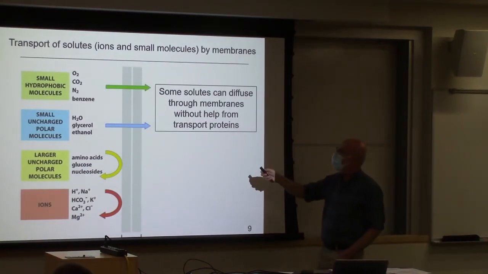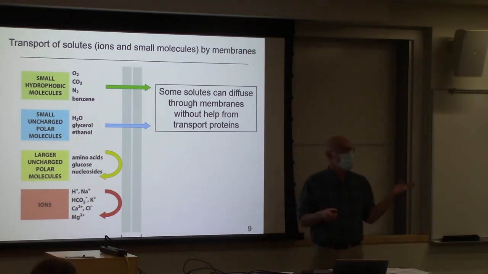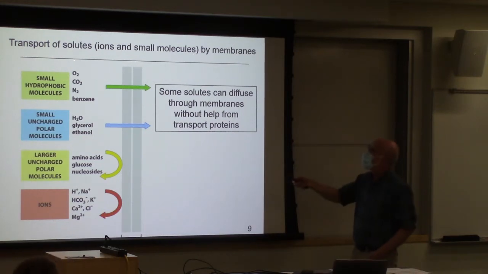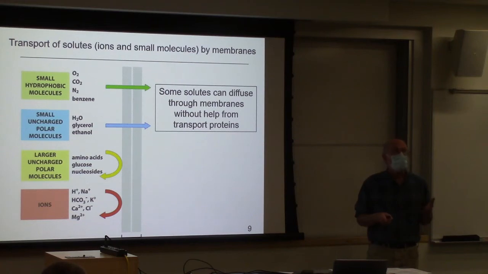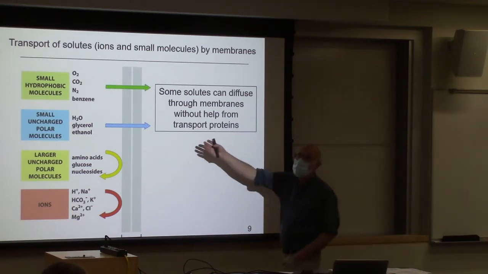Okay, so some of the molecules that we're interested in this course, oxygen and CO2 in particular, especially in the respiratory system. Oxygen and carbon dioxide are both amphipathic enough that they dissolve in fluids and they can pass through lipid bilayers. So when you get to the lungs, you're going to learn about passive transport of oxygen and CO2 through the cell membranes in the lungs.